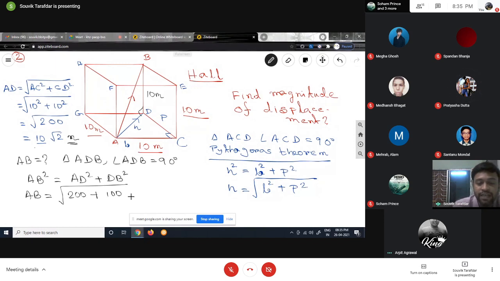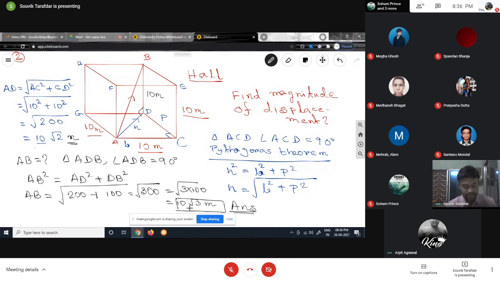So root over 200 plus 100 means root over 300. It means how much? Root over 3 into 100 means it is 10 root 3 meter. So the distance traveled by the fly is 10 root 3 meter. Am I clear, students?